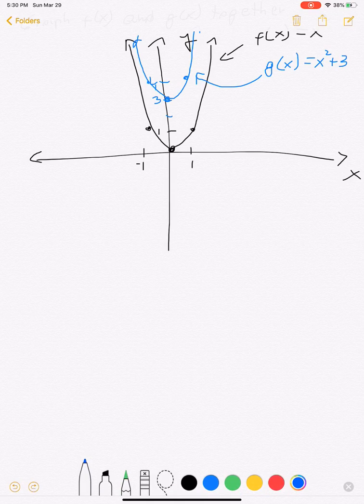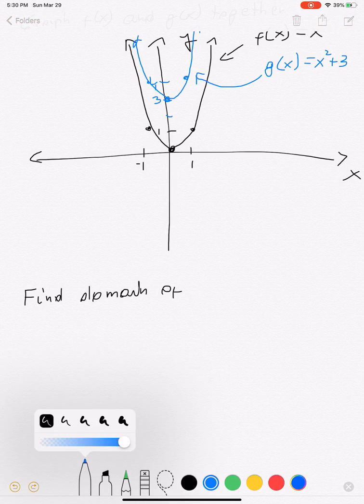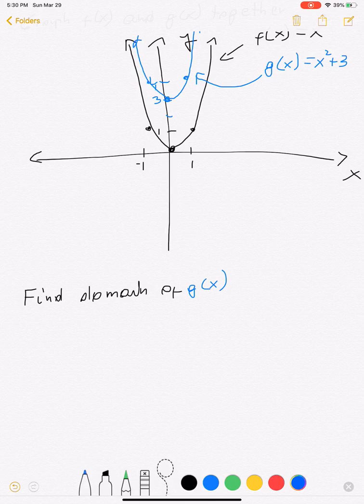So let's continue. Find domain of g of x. Okay, let me put that g of x in blue, because g of x we graph in blue. So let's find domain of g of x. So like you see on the graph, domain of g of x, this is your function g of x. You can pick any x you wanted, which means domain will be all real numbers.